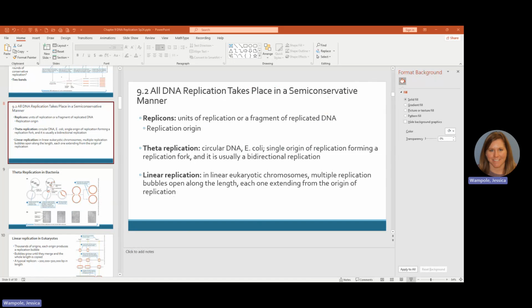So semi-conservative replication says that DNA polymerase is going to use each parent strand as a template for the new daughter strand that we're building. So we are actually going to build our strand in a 5' to 3' direction.